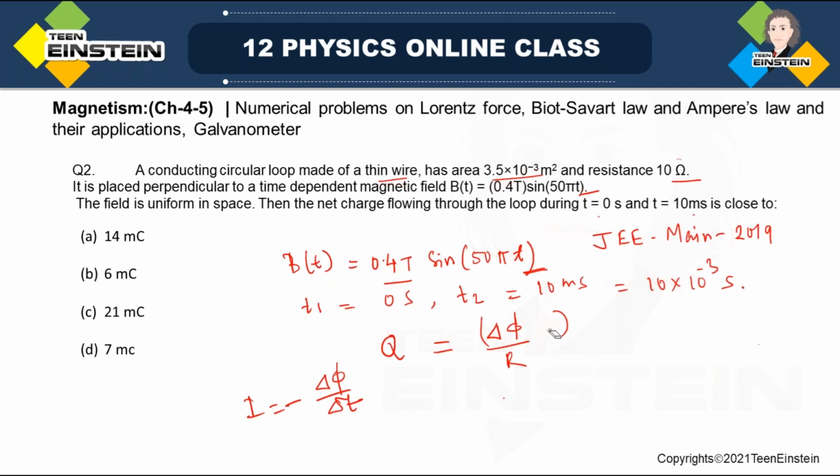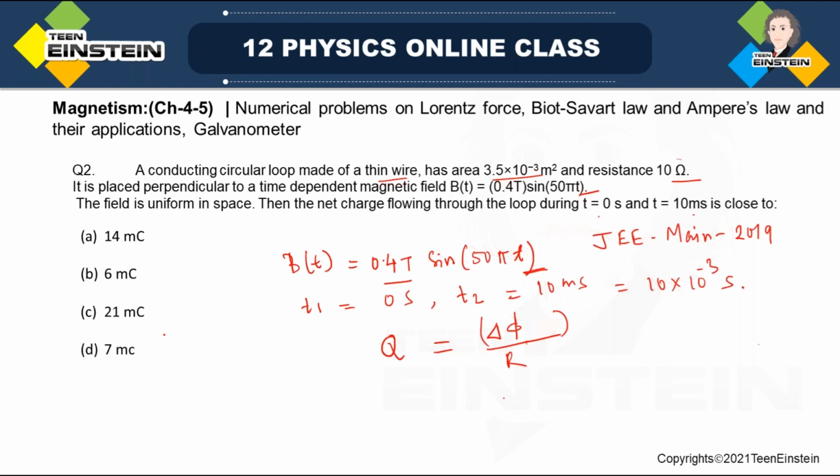This dt you don't have to write here, because d phi by dt by R is equal to current, and if you multiply delta t on both sides, it will be delta phi by R. So this will give you the total charge flowing during that particular interval of time.